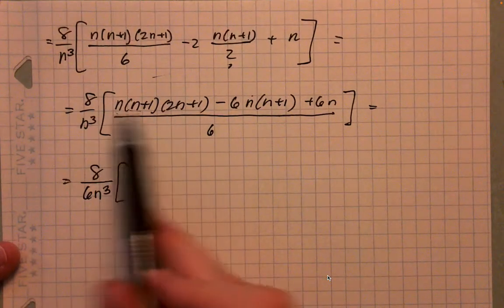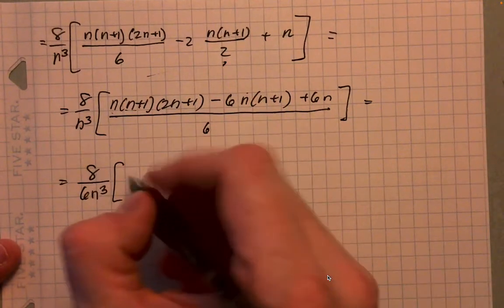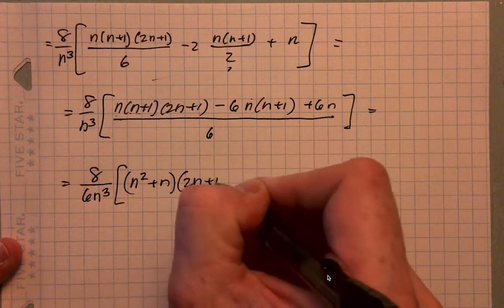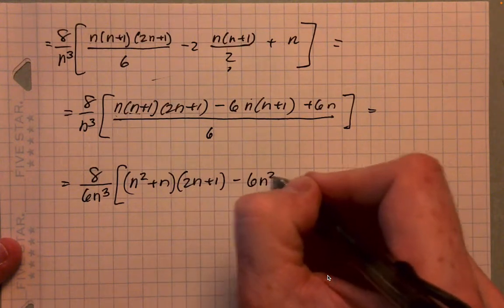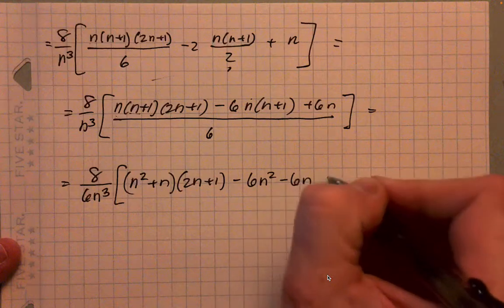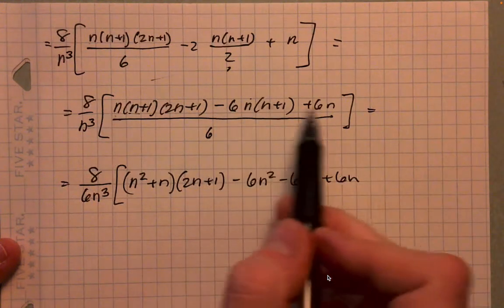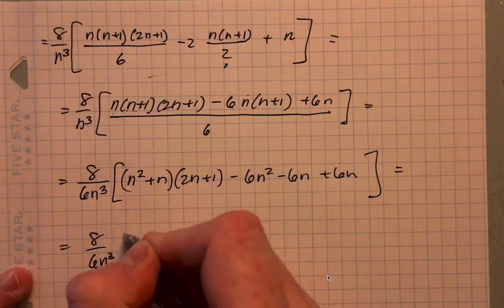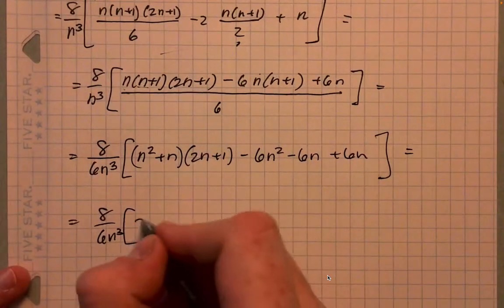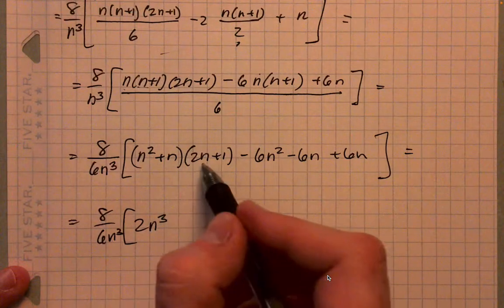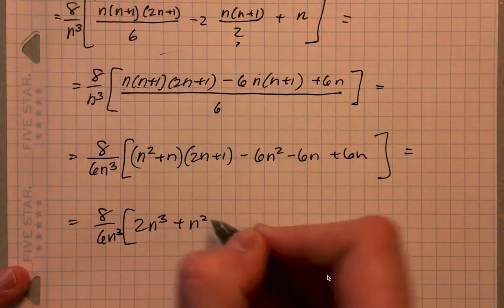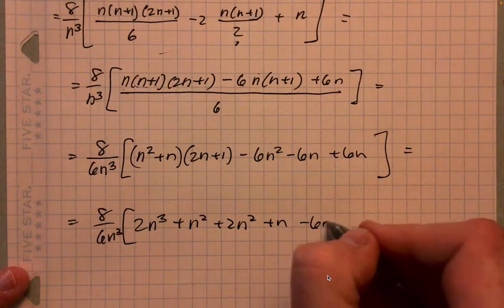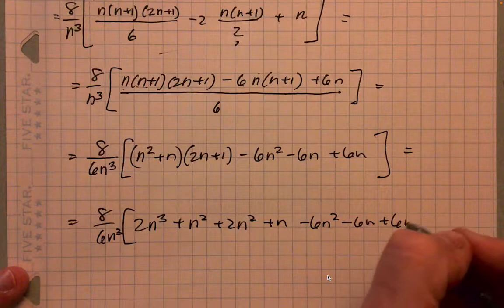And let's expand this straight away. So we'll get n squared plus n times 2n plus 1, minus 6n squared minus 6n, plus 6n. Just kind of distributing there. And here you're going to get 2n cubed plus n squared plus 2n squared plus n, minus 6n squared minus 6n plus 6n.